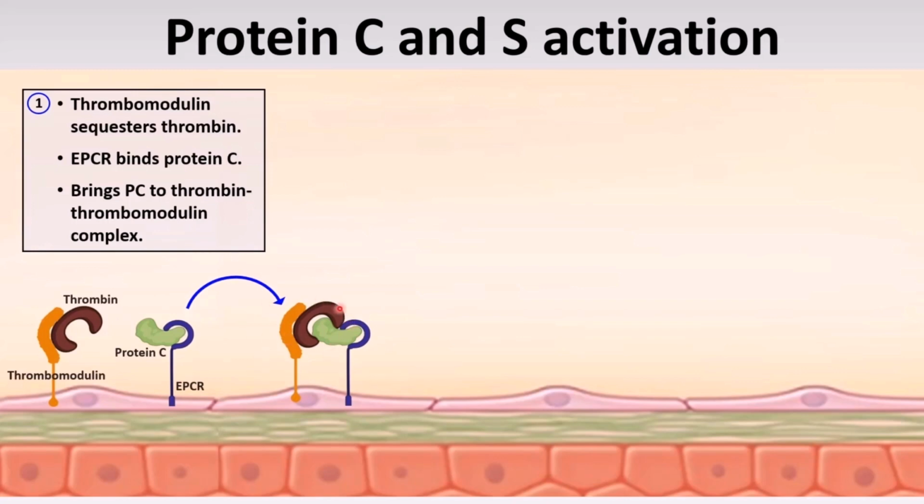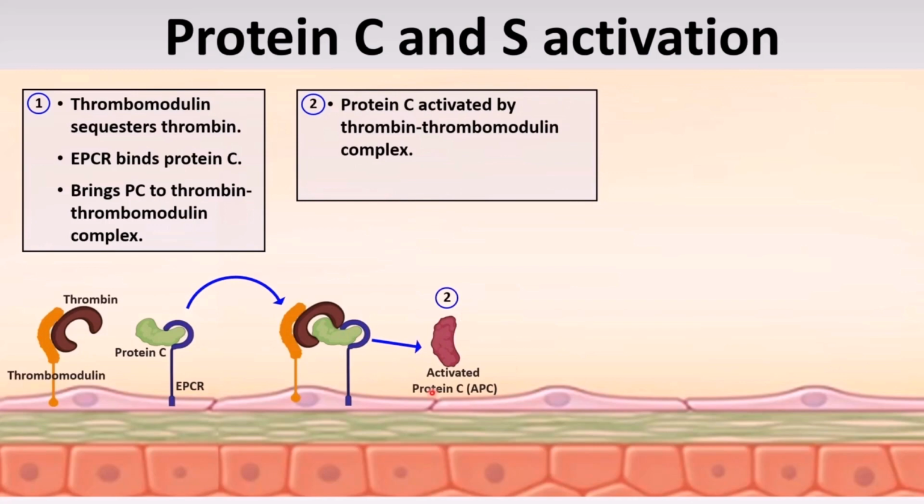When they are brought together to form a complex, this allows protein C to be cleaved by thrombin, and that would then result in the activation of protein C. Okay, the formation of activated protein C or APC.